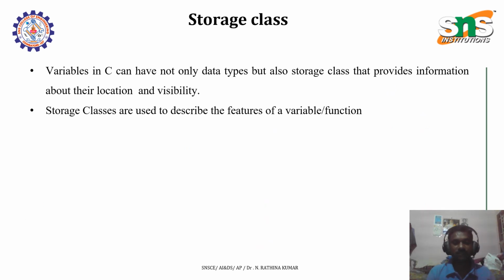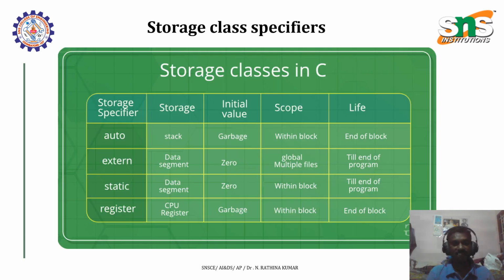Next, we are going to see the storage class. A variable in C can have not only a data type but also a storage class that provides information about its location and visibility. The second important point is storage classes are used to describe the features of variables and functions.